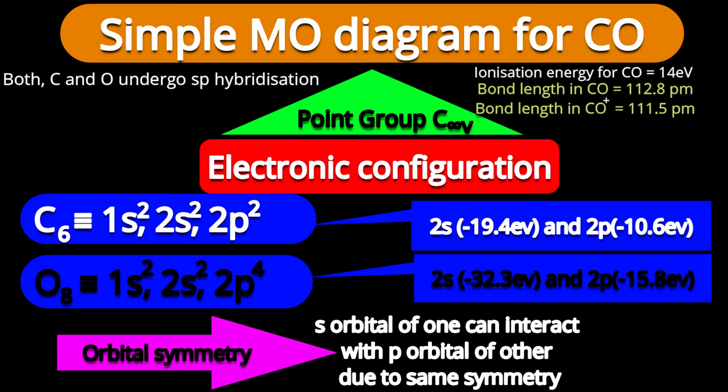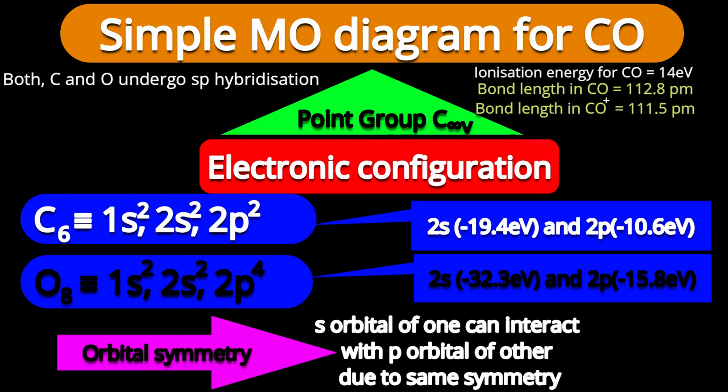The C infinity V point group signifies there is no horizontal plane, there is no center of inversion, but there is a principal axis C infinity, and vertical planes are there. It means the 2s orbital and the bonding axis orbital, say the px orbital, have the same symmetry. That is the only purpose of informing about the point group.